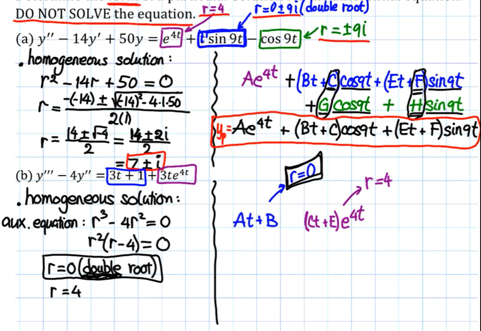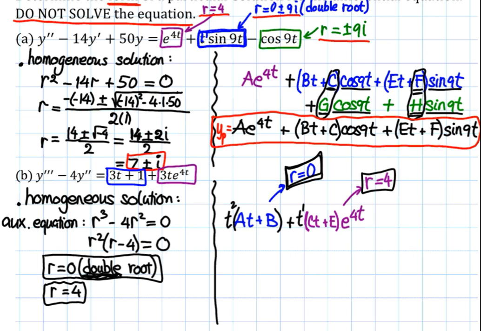So for this, we have to multiply this at plus b by t squared because of multiplicity of 2. The solution of r equal to 4 appears once in the auxiliary equation. Because it appears once, we're going to need t to the first power.